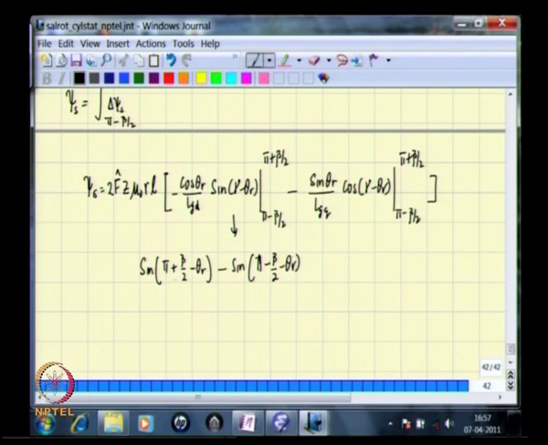So, this is pi minus theta r plus beta by 2, pi minus theta r minus beta by 2, and this can therefore be written as minus 2 times sin A cos B, that is sin of pi minus theta r cos beta by 2, is what you would get.